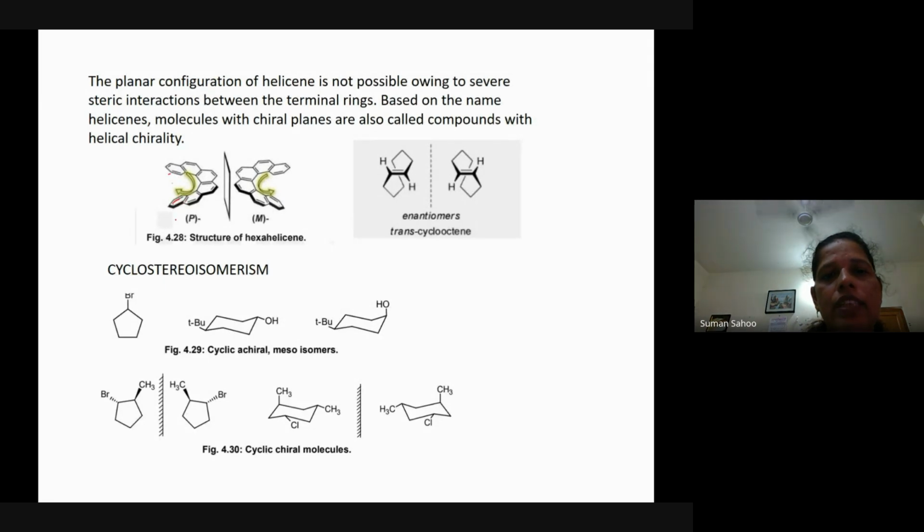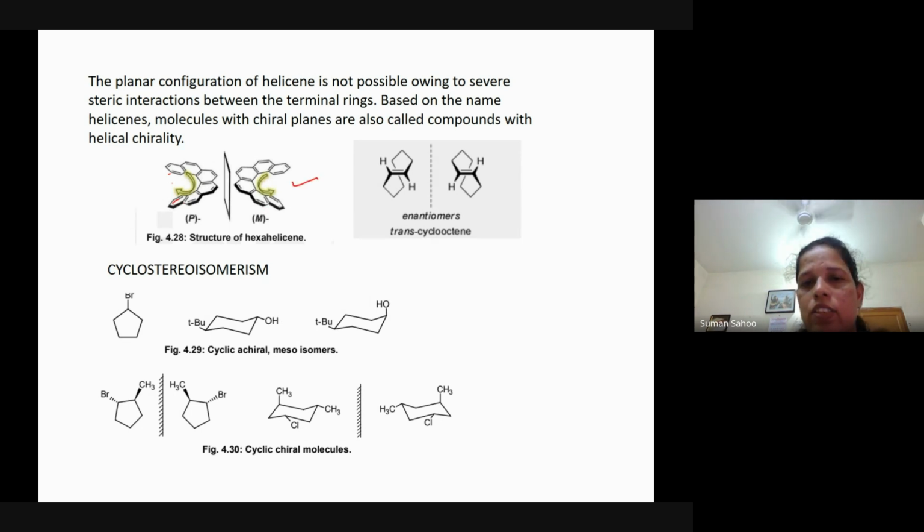These terminal rings have steric interaction, so you cannot just rotate or flip it to get the other enantiomer. So this shows chirality. In the case of trans-cyclooctane also, it is difficult to actually flip it, so they show two different enantiomers. That is your trans-cyclooctane.